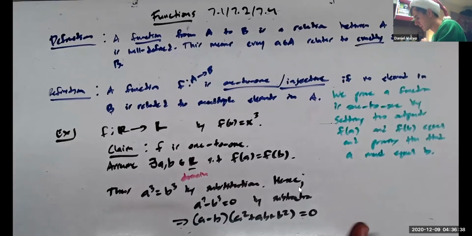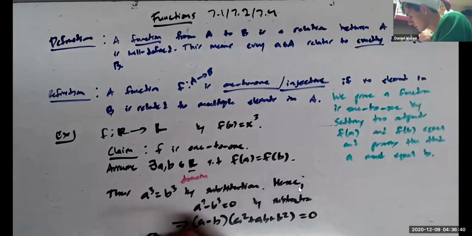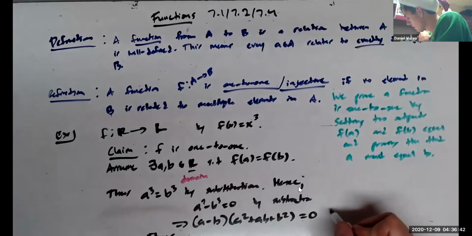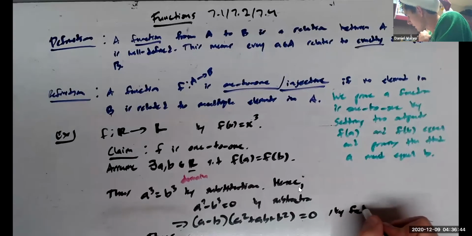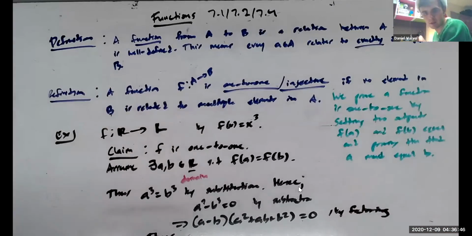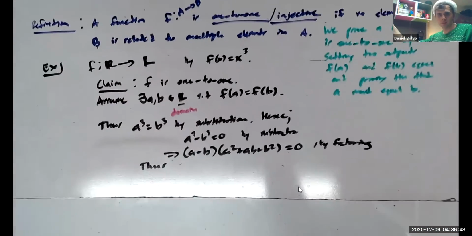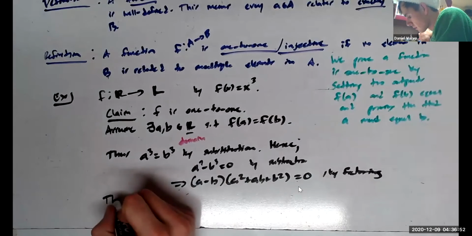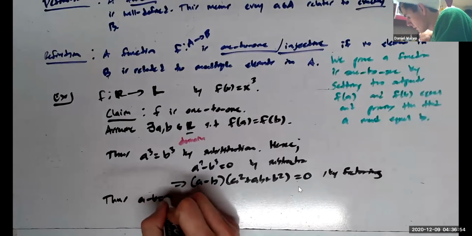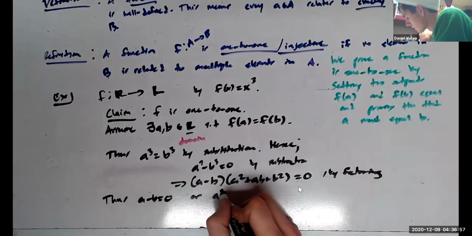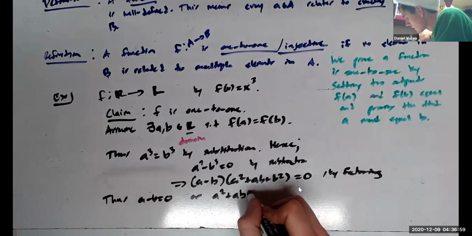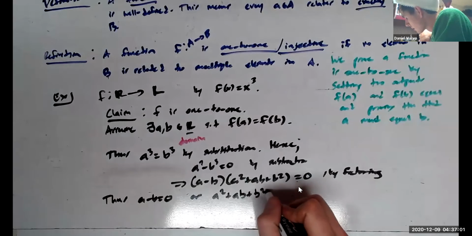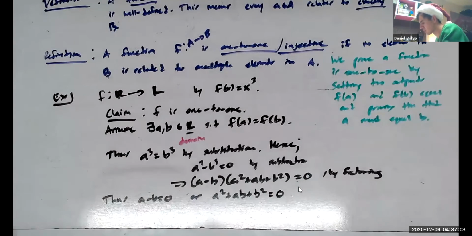All right? So thus, by factoring, A minus B equals 0, or A squared plus AB plus B squared equals 0.